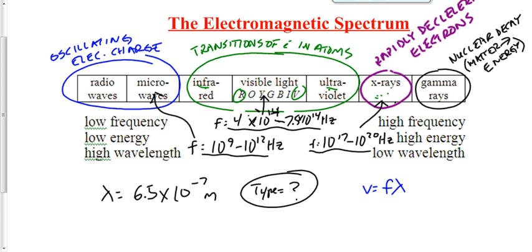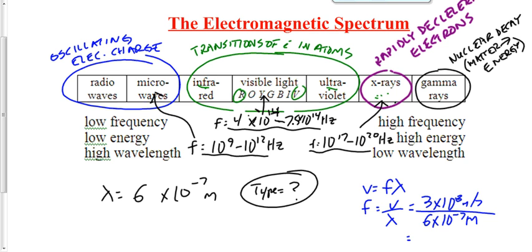Solve for frequency, v over lambda. v, if you remember, all of these types of EMR move at 3 times 10 to the 8 meters per second in a vacuum. The wavelength, let's make it 6 times 10 to the negative 7 for easier math here. The wavelength is 6 times 10 to the minus 7. That gives me a frequency of 5 times 10 to the 14 hertz.